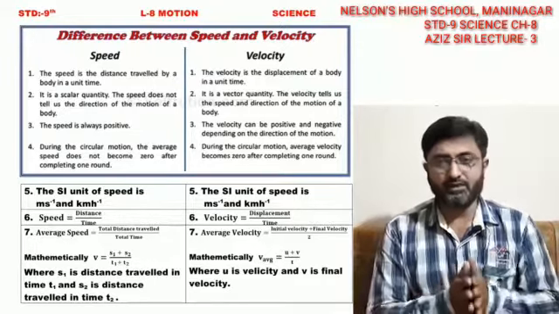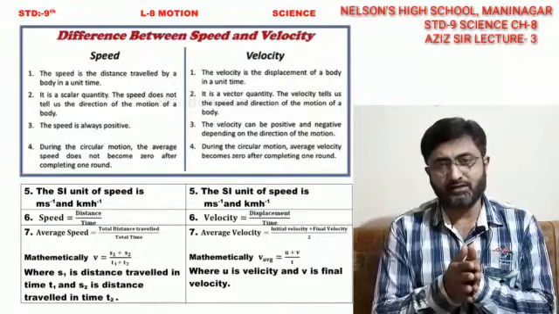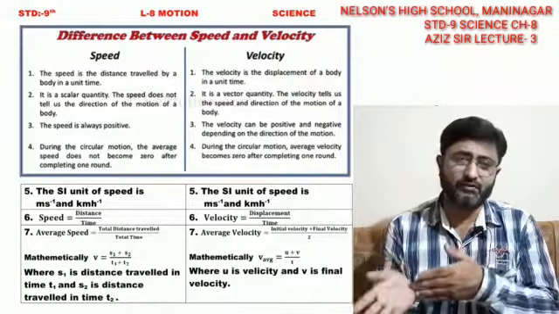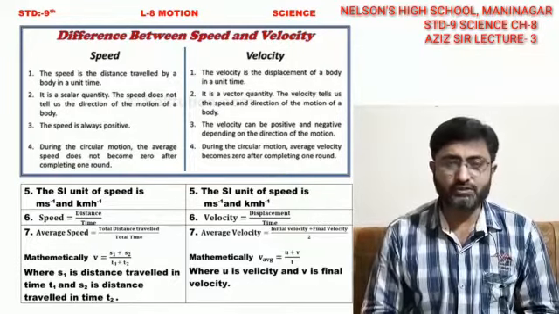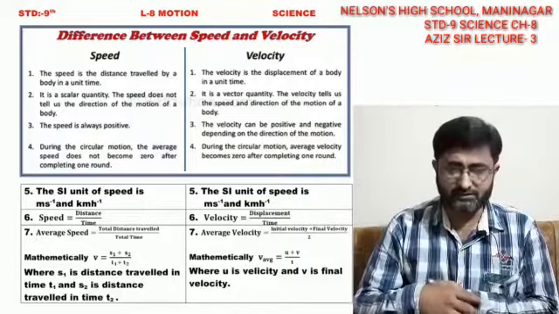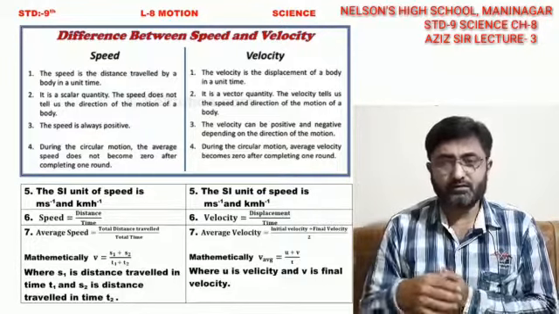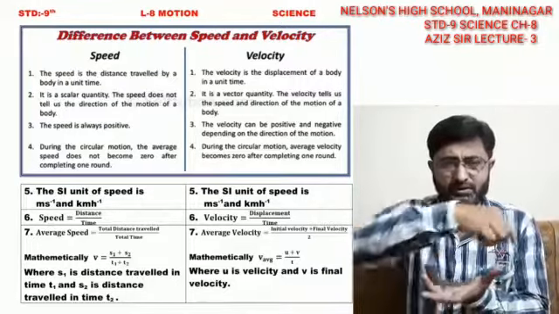The speed can be 0 or positive, whereas the velocity can be 0, positive and negative. During circular motion, the average speed of the object can never be 0 because it is traveling.